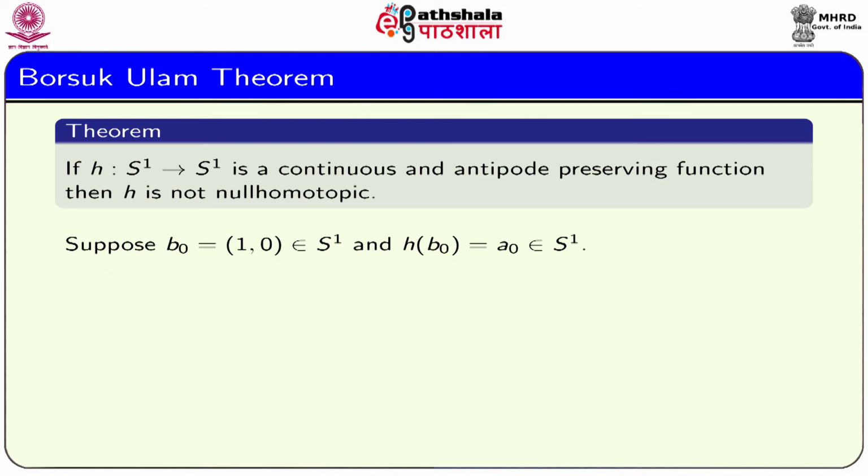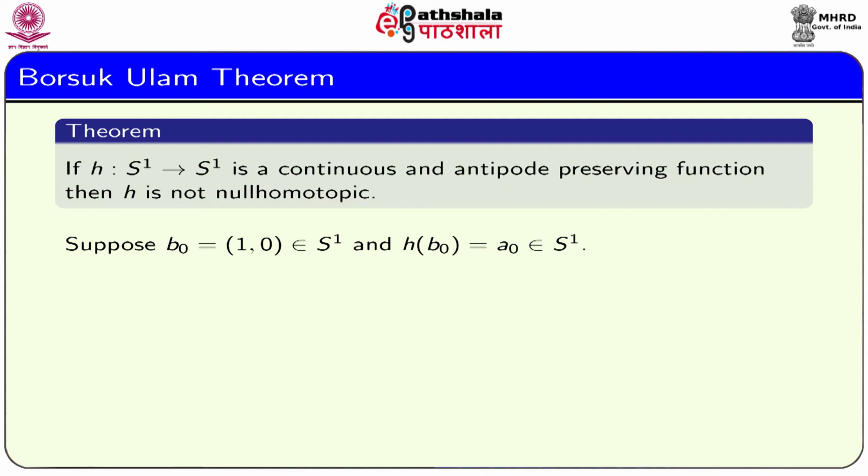We state a theorem now. If h is a function from S1 to itself such that it is continuous and antipode preserving, then h is not null homotopic. We start with proving it.